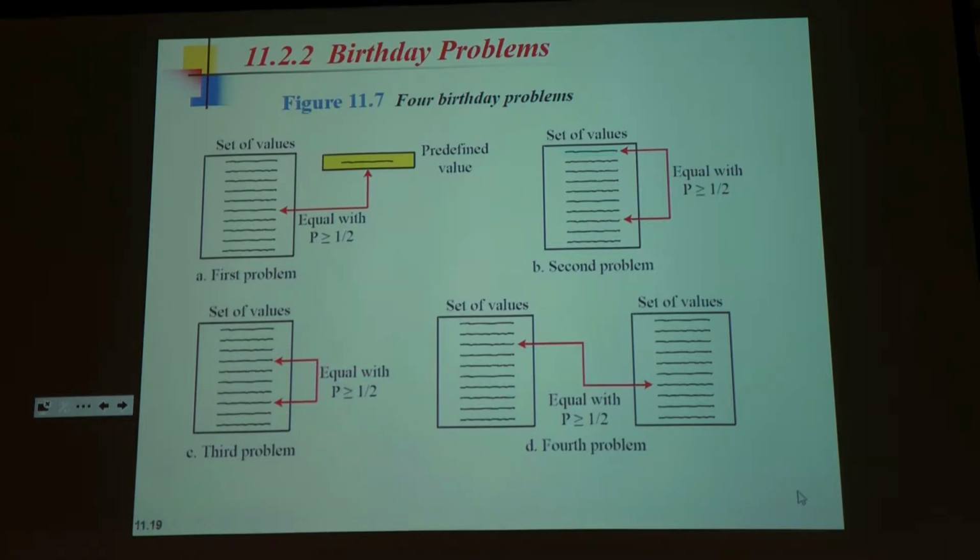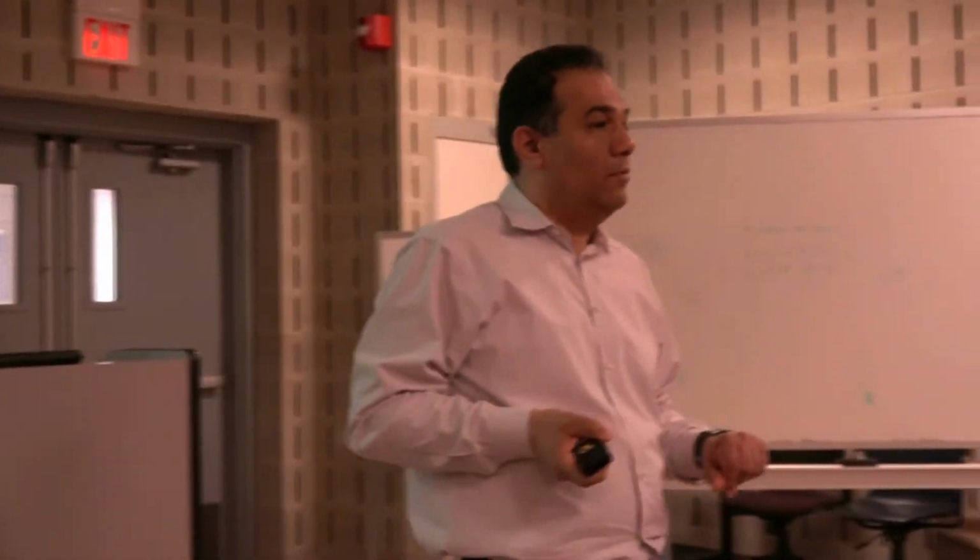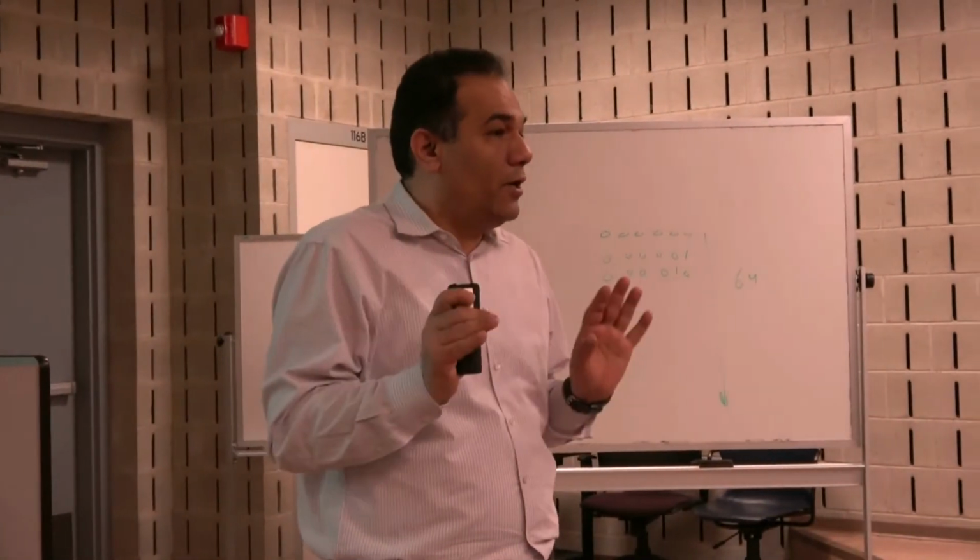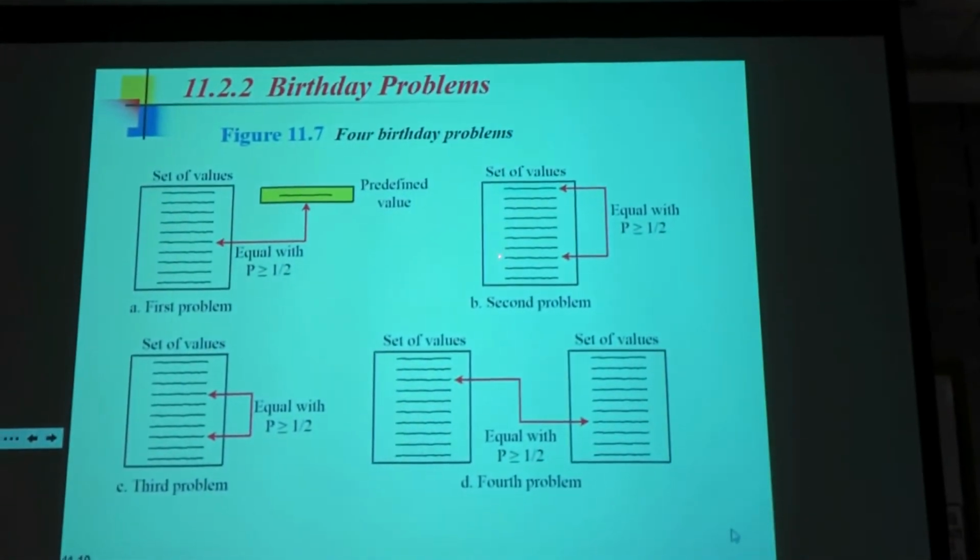Problem number 3. What is the minimum number k of students in a classroom such that it is likely that at least 2 students have the same birthday, any birthday? In problem 2, the value is predefined from outside; here it is predefined from inside.